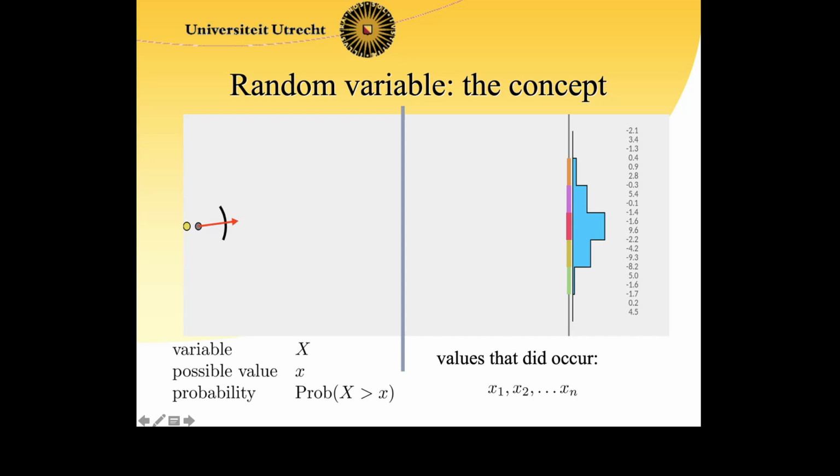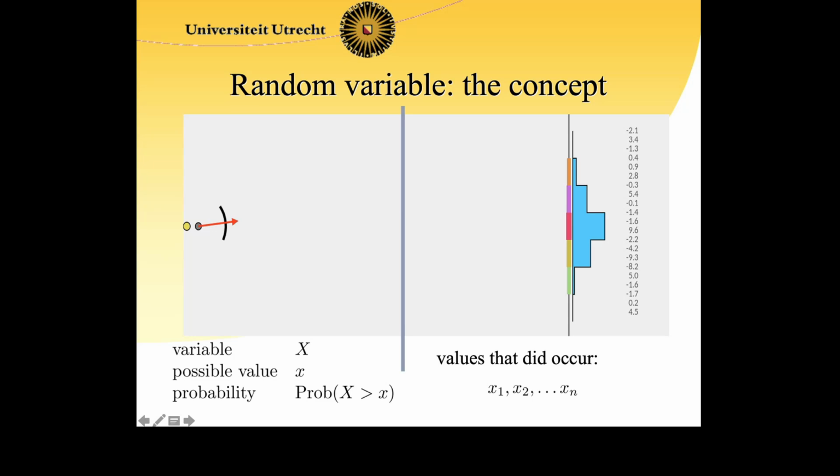We don't know the exact value of that variable because it's generated by some random process. It can have any possible values, for instance, a value x, and we know what the probability is that the random variable is smaller or equal to that particular value, or in between a certain range of that value x. And we can sample the random variable, and then we get our actual observations, and those are samples of that random variable, often called realizations.